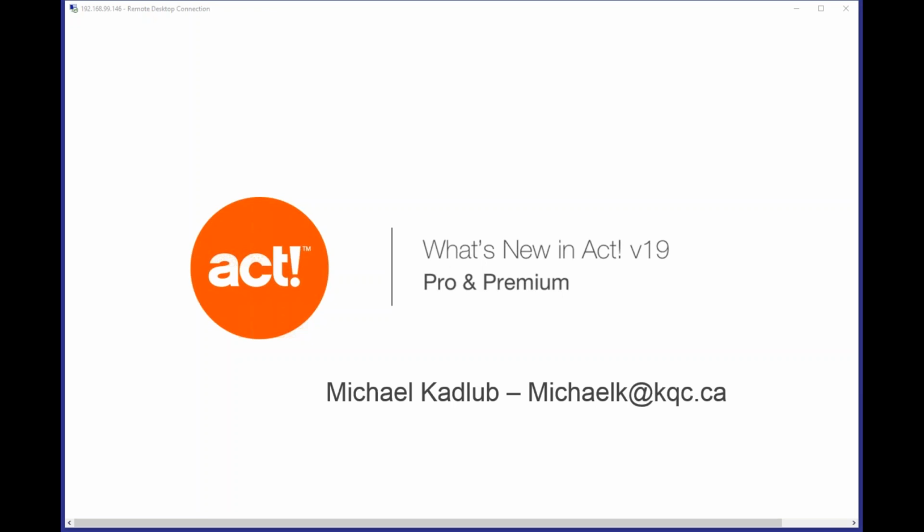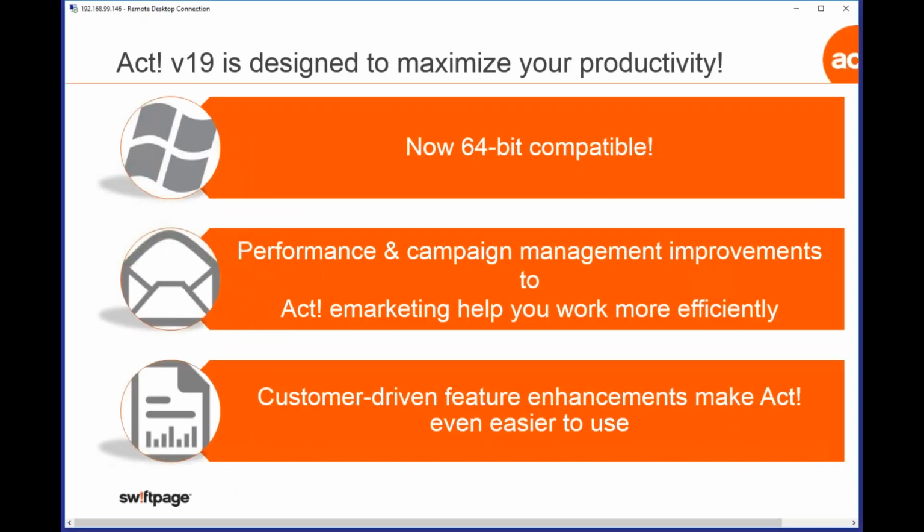So let's take a look at what's new in ACT version 19. First of all, the one main thing they've done is make it compatible with 64-bit Office products. In the past, prior to version 19, ACT was not compatible with any of the Office 64-bit products.